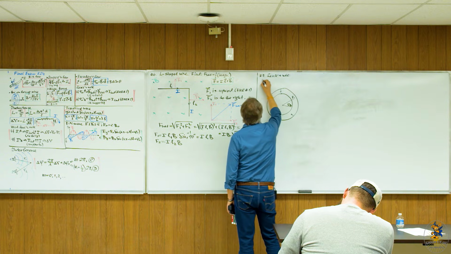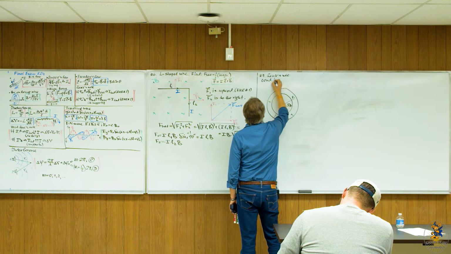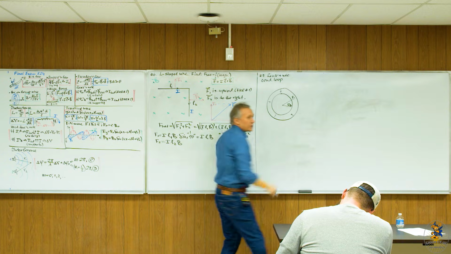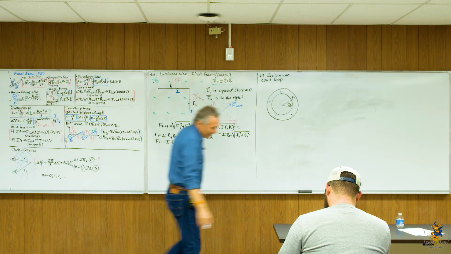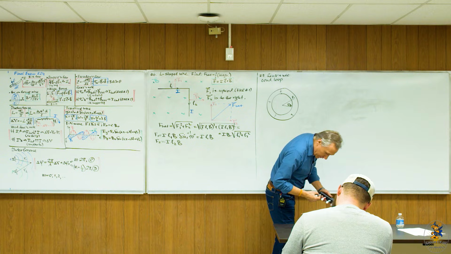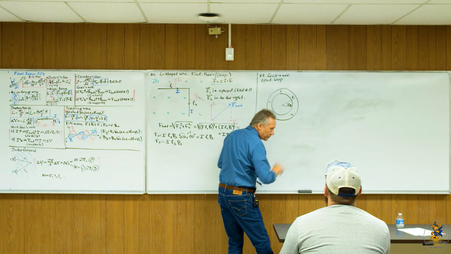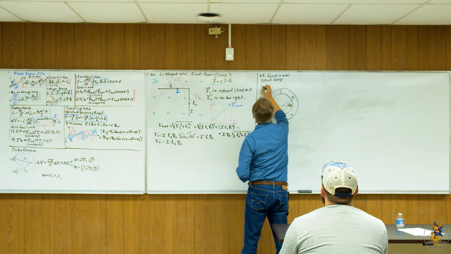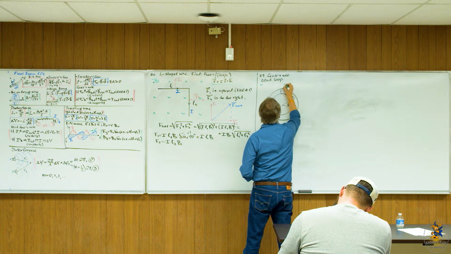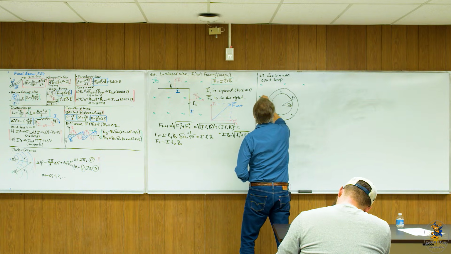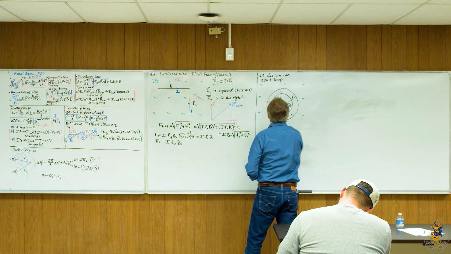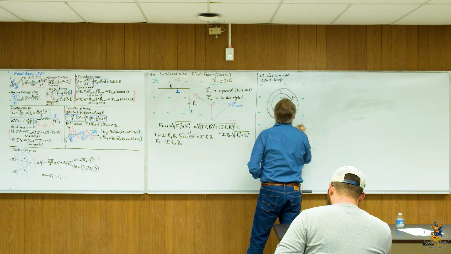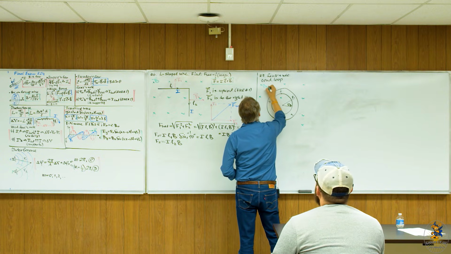So conducting loop, and of course, it must be exposed to some external magnetic field. Otherwise, nothing will happen. So let's assume it's cross, into the board. So this is the external magnetic field, B external.